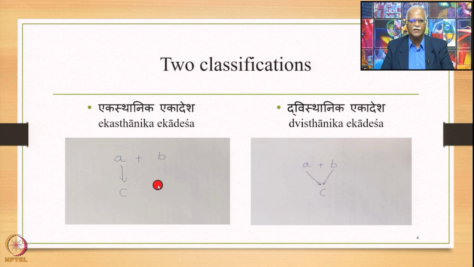And dvisthanika ekadesha is the second classification, where you have A plus B as the input, A coming immediately before B, and in place of both of them, C is the one substitute. So A plus B is the input, C is the output. This is the dvisthanika ekadesha.